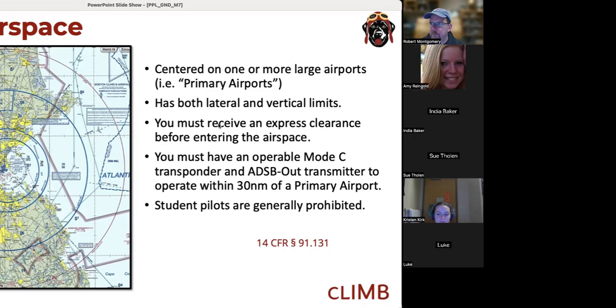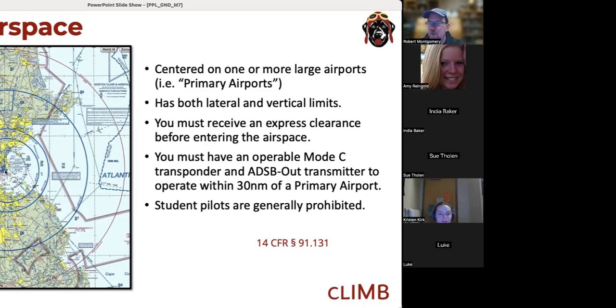There's a couple of rules here, right? One, if you want to go into this airspace, you have to expressly receive a clearance. You must hear something along the lines of cleared into the Boston Class Bravo. Okay. Number two is you have to have an operable Mode C transponder and ADS-B Out. Oh, by the way, it's not just to go inside of the airspace.